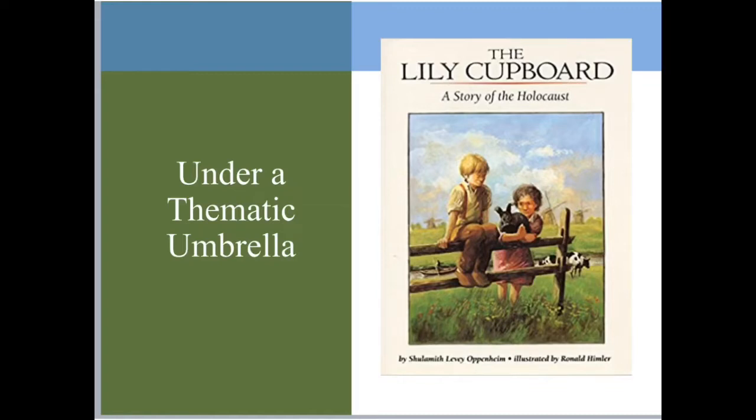If you picture an umbrella, and the umbrella is the theme, what other stories have we read that would fit under that theme? How could we compare literature across the board and say, oh, well, this book or this story has the same theme as another?